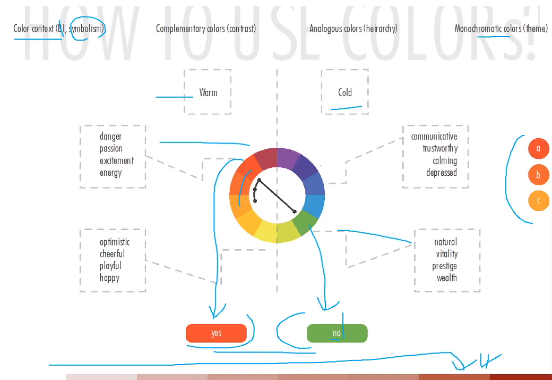Blue color would mean communicativeness, trustworthiness, calming, or even could suggest depression. So you have to be really careful when choosing a certain color for your designs. You have to ask yourself and also the internet, is this color conveying the meaning and feeling that I want the users to feel?